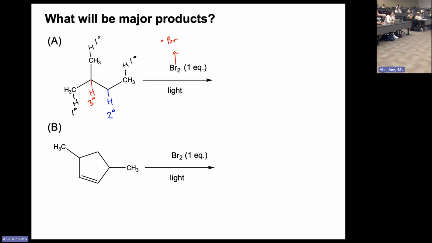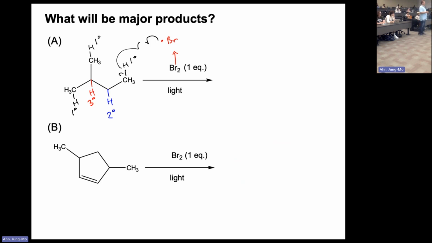And if you remember, it takes a different amount of energy to take out the hydrogen from a carbon with different substitution. It takes more energy to pull out the hydrogen from the primary carbon compared to secondary, compared to tertiary, right? That is all related to the stability of the radical we talked about.